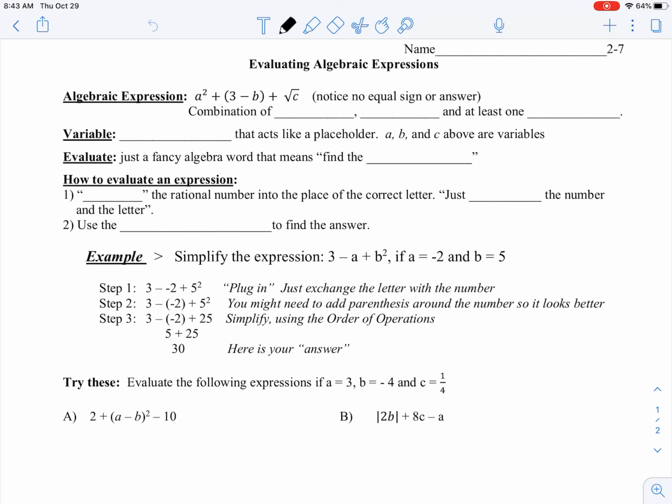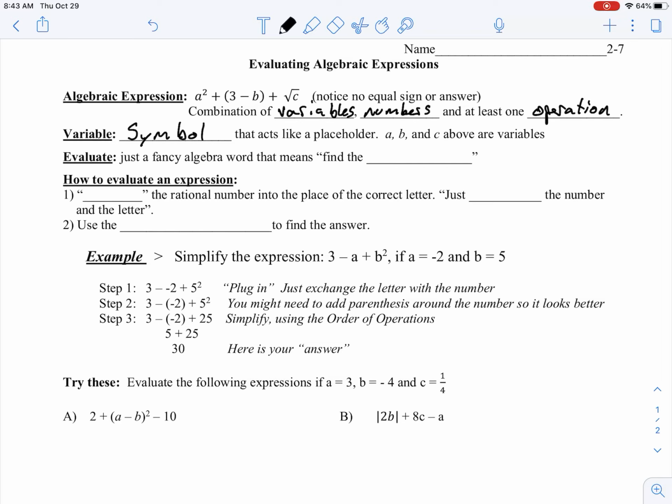All an algebraic expression is, is a combination of variables, numbers, and at least one operation, just like we worked with expressions the other day. The only difference is now we have some variables in there because we don't know the values of them until we're given them.